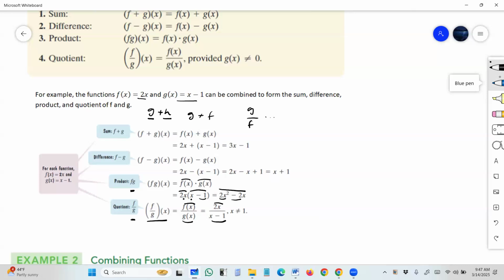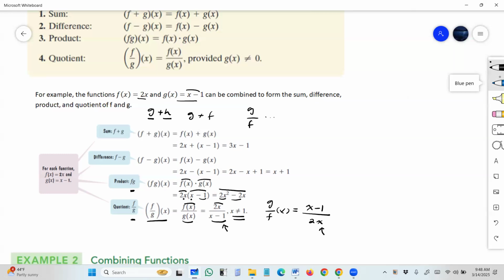So for example, if I wanted to combine g over f, I would obviously have the g function first. So g, and then f of x, which is 2x, over 2x. And that would be the combination. Now, obviously, in this case, notice that we are restricting the domain: x cannot be a positive 1, because if it is, then I have division by 0.